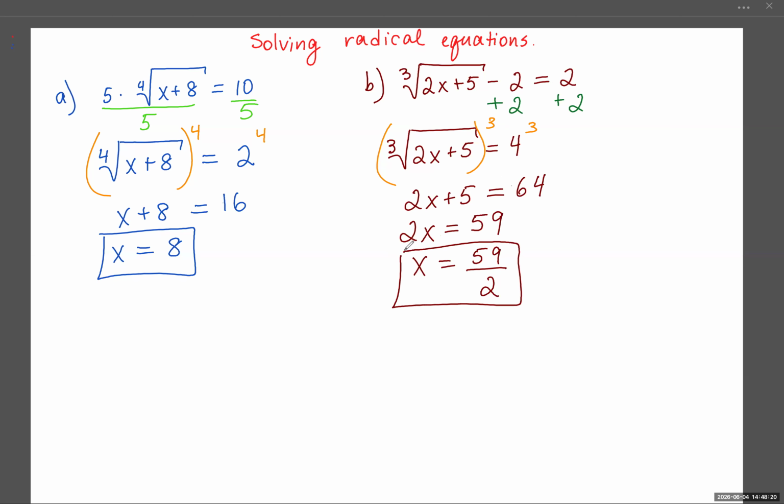So these are radical equations that are represented with the radical, but that's not always the way we write them down. So let's look at the next one. Let's do 5x minus 6 to the 1/4 power, minus 5, equals negative 3.